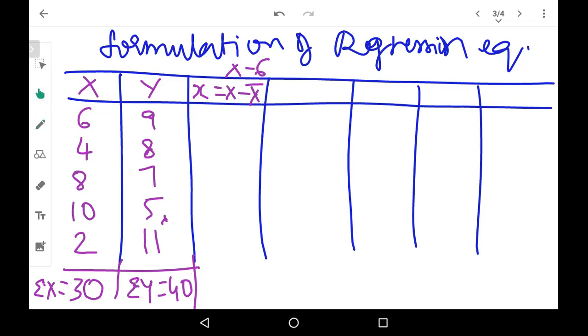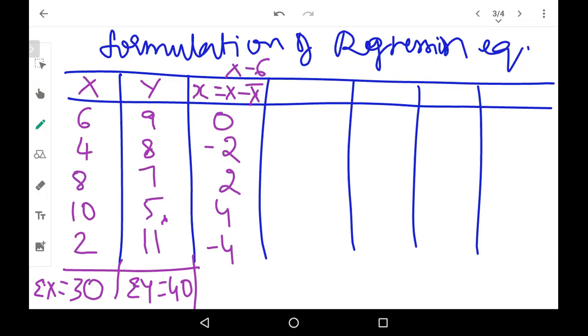If you see here, the values of x are given and we have to subtract 6 from everything. So 6 minus 6 is 0. 4 minus 6 is minus 2. 8 minus 6 is plus 2. Then 10 minus 6 is 4. 2 minus 6 is minus 4.